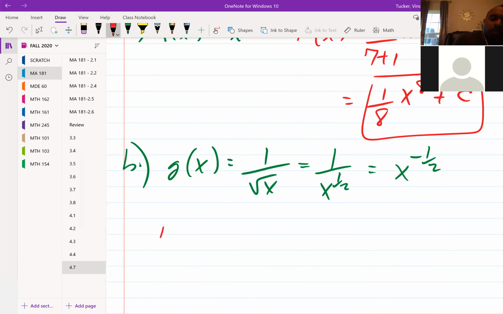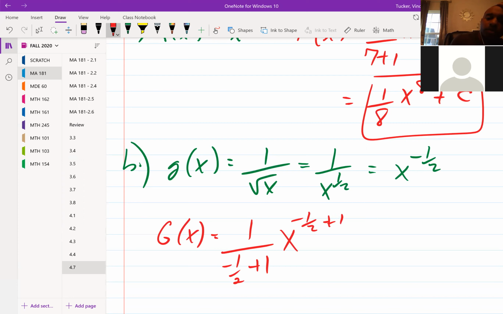It's going to be capital G. So, following the formula, that's 1 over negative 1/2 plus 1. That's x going to the negative 1/2 plus 1, plus c.